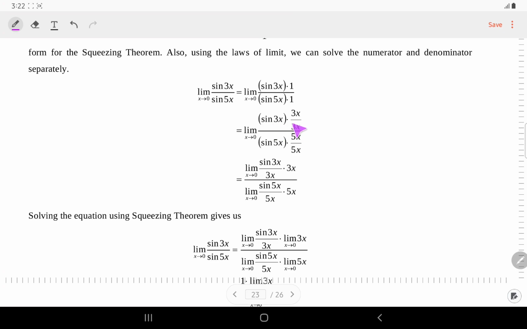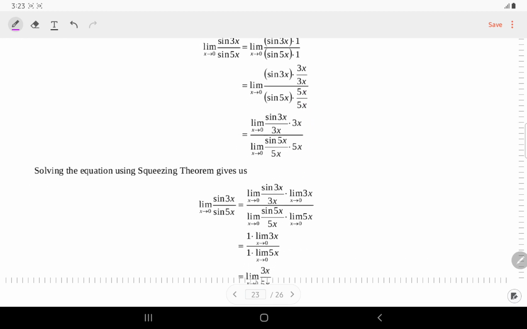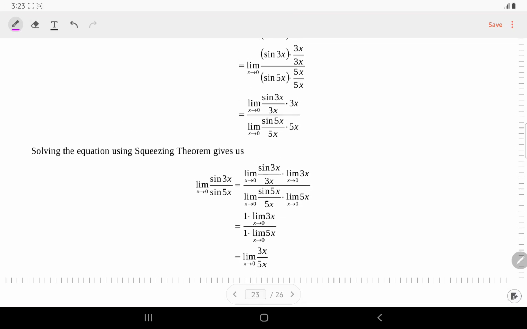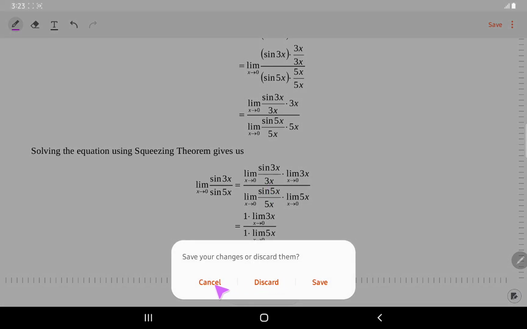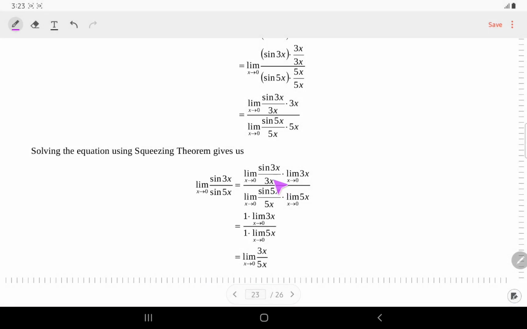We move their places. 3x, bring it here, and 5x, bring it here. So it will become sin 3x divided by 3x, and 3x here, which was originally placed here. Same with this 5x, bring it here. So it will become sin 5x divided by 5x, and here the 5x. So using the squeezing theorem, this term and this term will become 1.